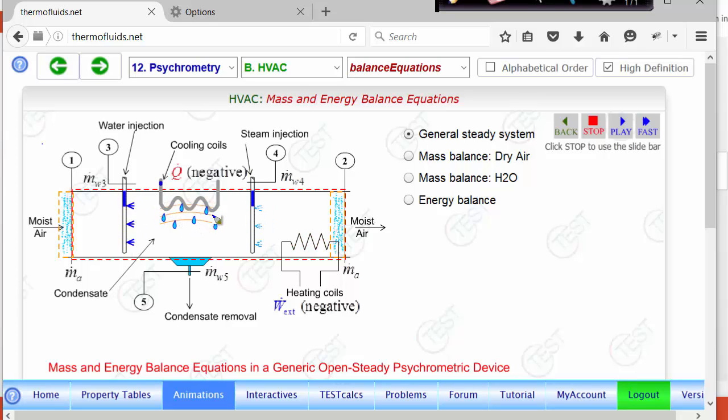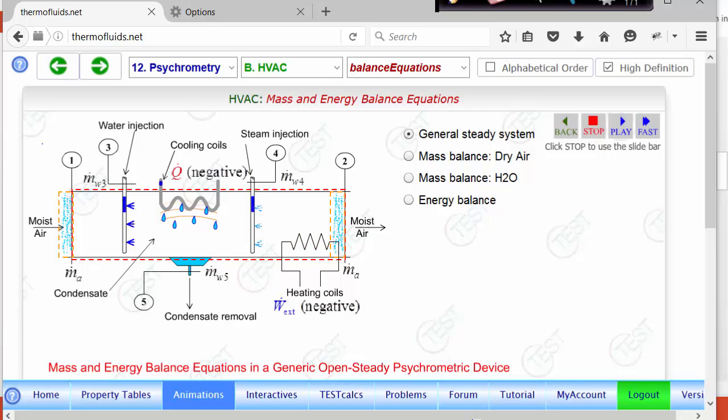We know if the temperature goes below dew point temperature, dew appears. And as you can see, the water is being collected, the condensate is taken out at state 5. That's called dehumidification, because you're taking humidity out of air.